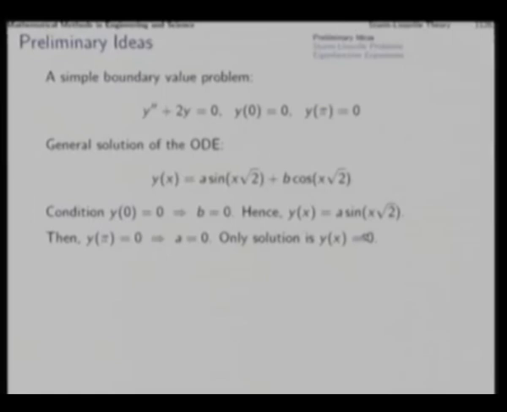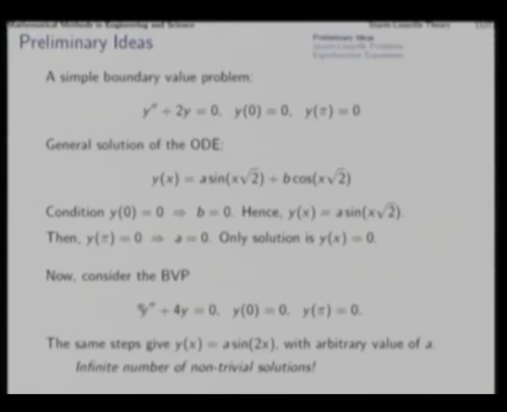In a similar manner, we try to solve another boundary value problem in which everything remains the same, except that this 2 changes to 4. Exactly the same steps will give us, in this case, the solution y equal to a sin 2x, in which a can be arbitrary.